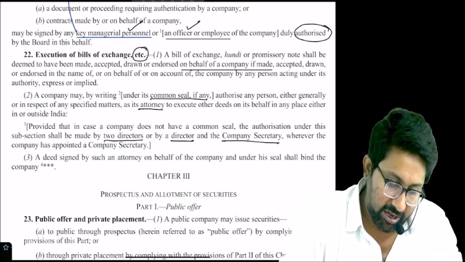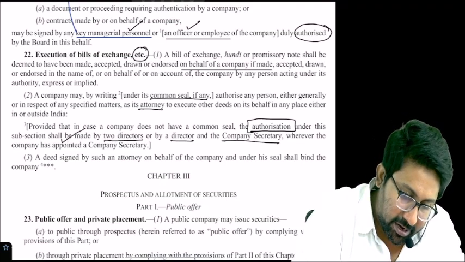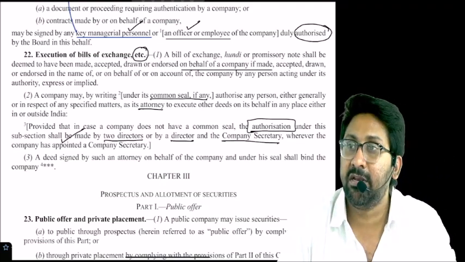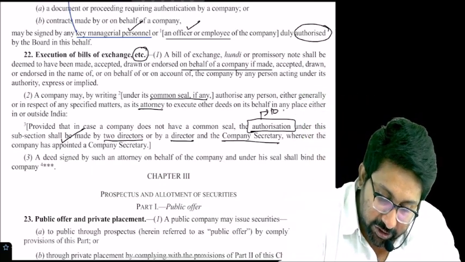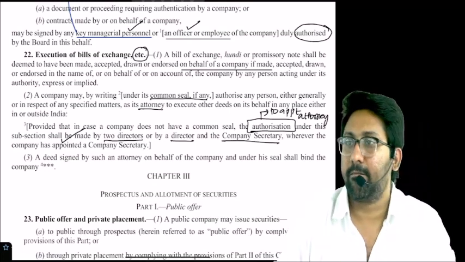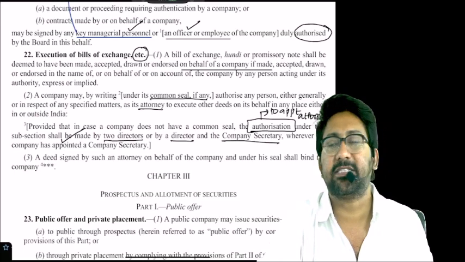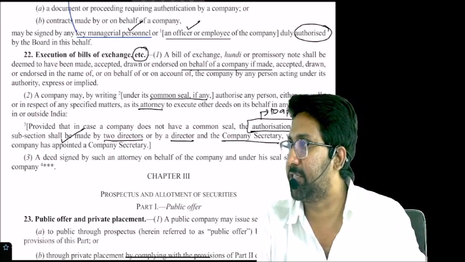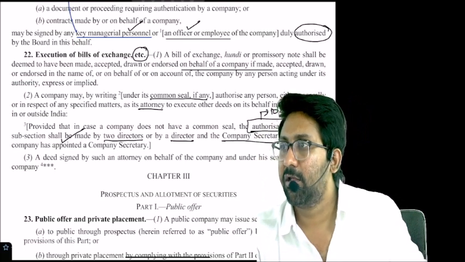So listen carefully. Authorization under this section shall be made. Authorization under this section. Which authorization? Authorization to appoint an attorney. Who should be the attorney will be decided by whom? Generally, two situations. The attorney will be decided by common seal. If the common seal is not there, two directors.